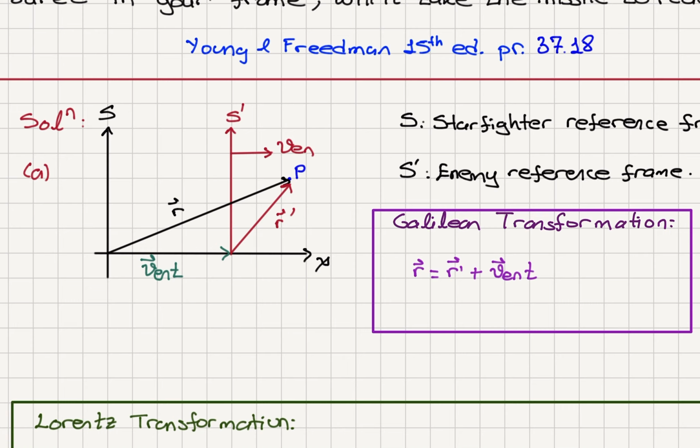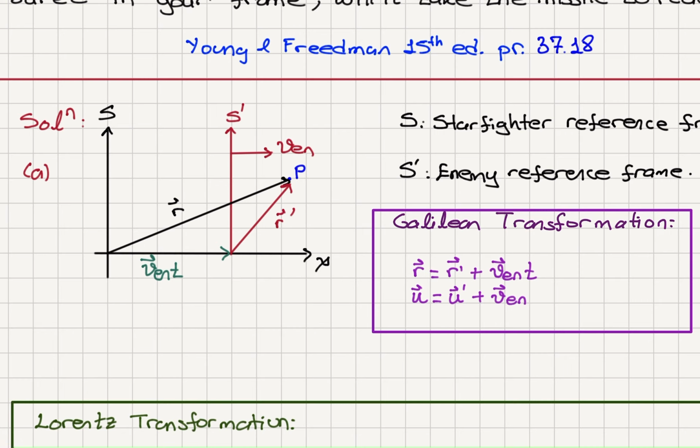And if this point object starts moving, then they would be reporting a velocity. If I take a time derivative, u, the velocity reported by the S reference frame, is u prime plus the velocity of the S prime reference frame with respect to the S reference frame.